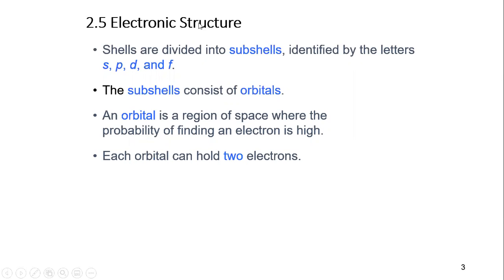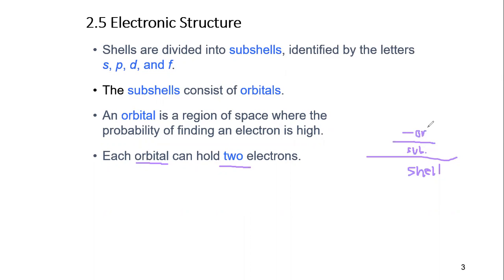And this is actually very important. Each orbital can hold 2 electrons. So we have a shell, which is the energy level. Within this shell, we have a subshell. And within the subshell, we have orbitals.